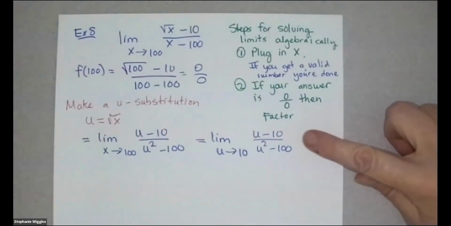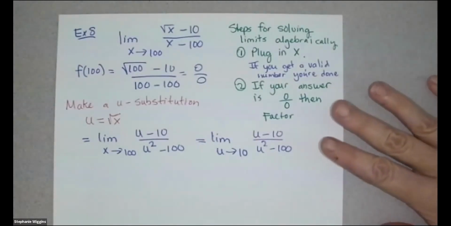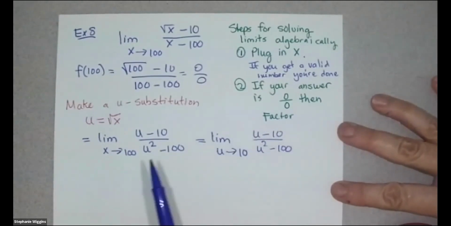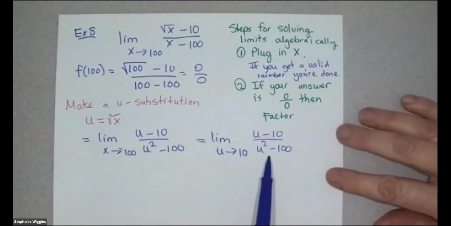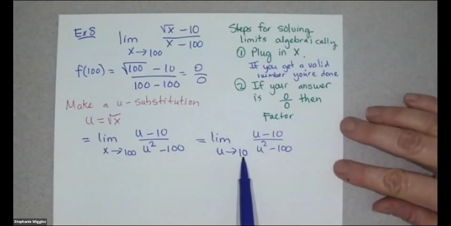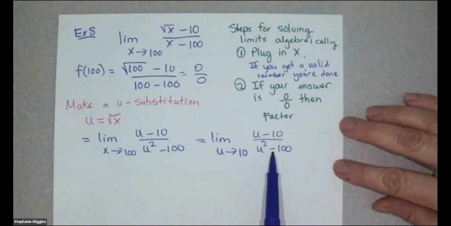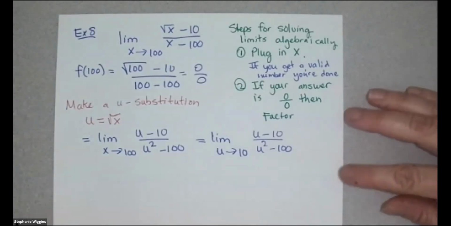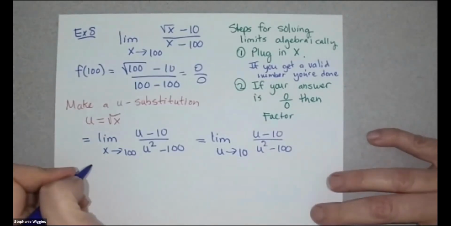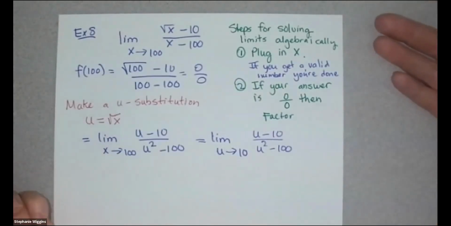Now everything is in a format that I can work with. I've got all U's, and I know how to deal with this. Notice if I plug in a 10, 10 minus 10 is 0. 10 squared minus 100 is 0. So I know that I'm going to get 0 over 0.